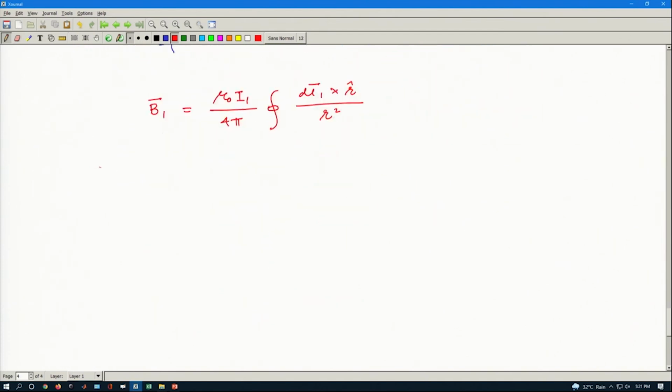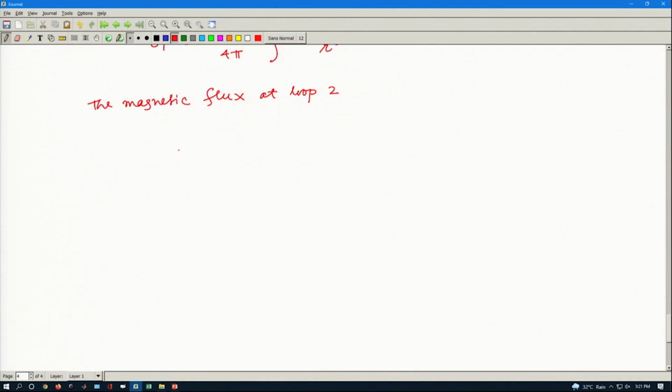So, the magnetic flux at loop 2 is how much? It is phi 2 equal to the integration of B1 dot dS2, and that quantity we know is M21 I1.